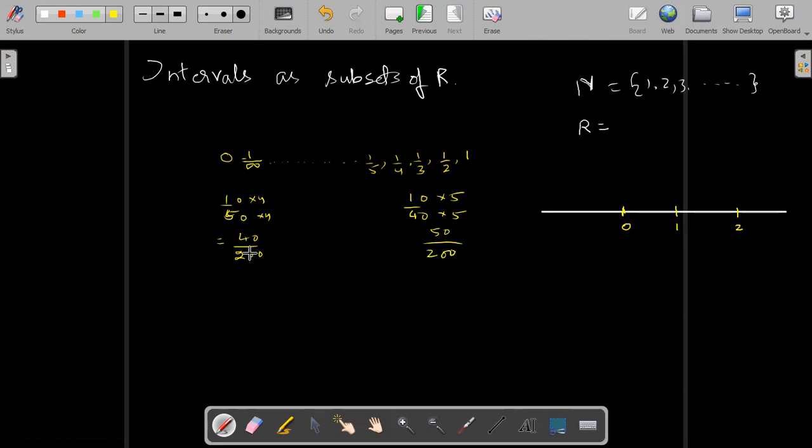Now, 40 upon 200 is nothing but 1 by 5, and 50 upon 200 is nothing but 1 by 4. Now I can write 41 by 200, 42 by 200. Try to understand, there is no limit. If I try to write between these two numbers, we can write.